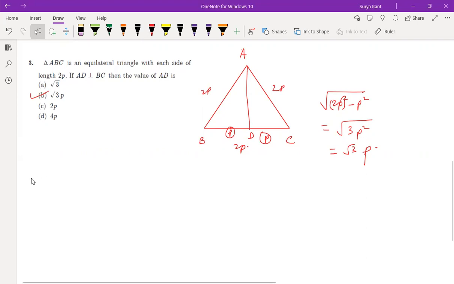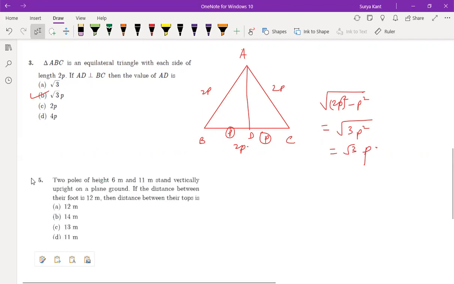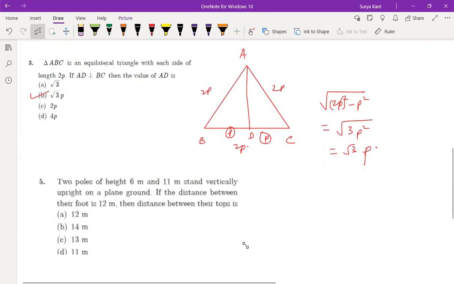Next question, you tell me. Two poles of height 6 meters and 11 meters stand vertically upright on the level ground. If the distance between their feet is 12 meters, find the distance between the tops.